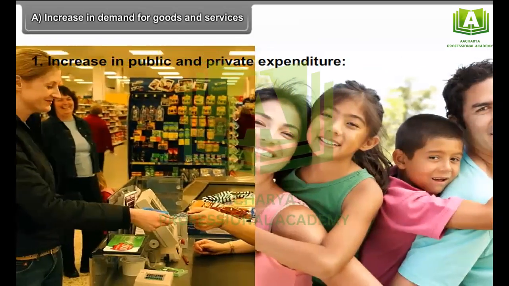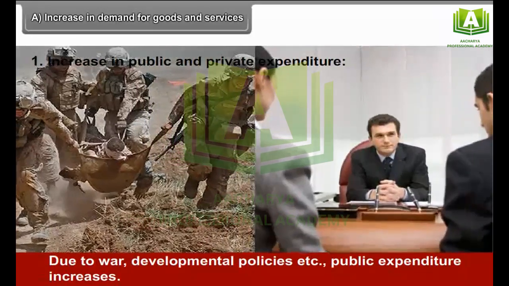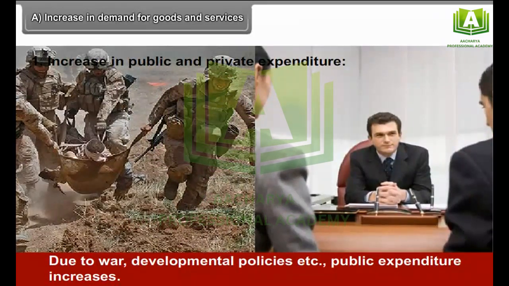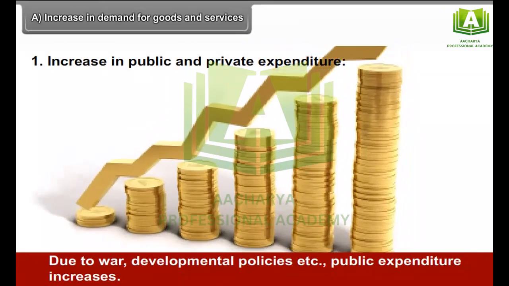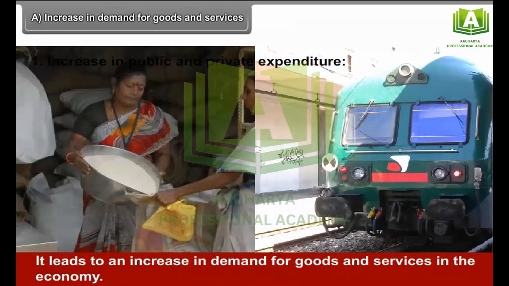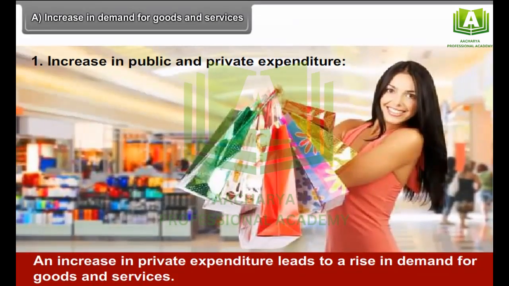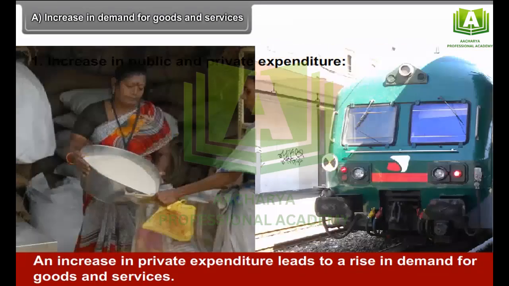Increase in public and private expenditure. Due to war, development policies, etc., public expenditure increases. It leads to an increase in demand for goods and services in the economy. An increase in private expenditure leads to a rise in demand for goods and services.